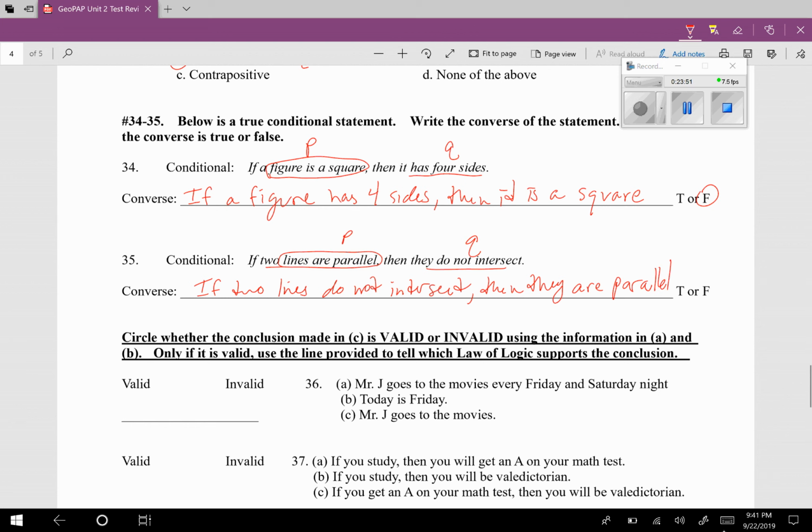Okay, and this is actually false because these lines could be skew lines. And we'll get into that definition soon, but just because they're not crossing doesn't mean that they are parallel.